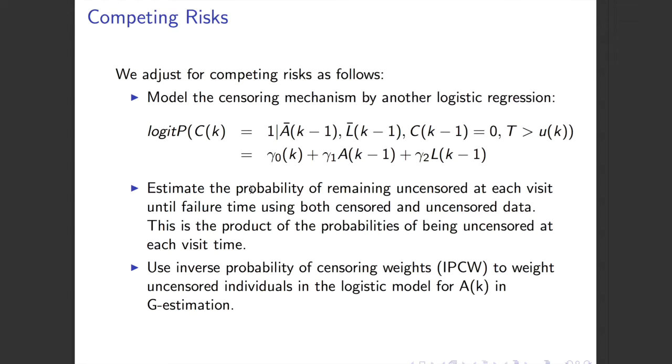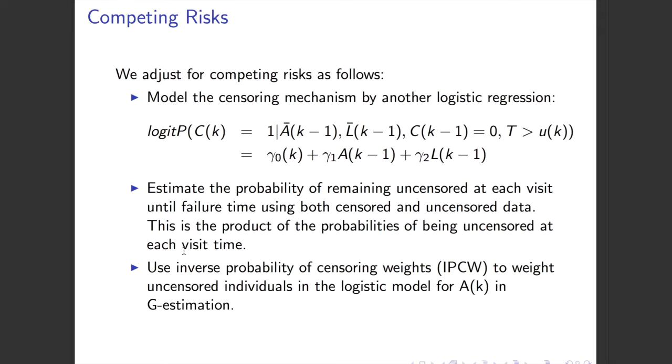But this could be determined by the researcher. You could pick any other models. We estimate the probability of remaining uncensored until failure time, which means you remain uncensored throughout until your death, using both the censored and uncensored data. And this probability is the product of the probabilities of being uncensored at each visit.